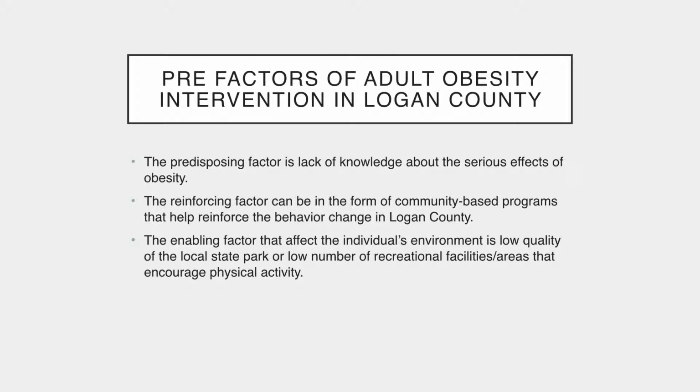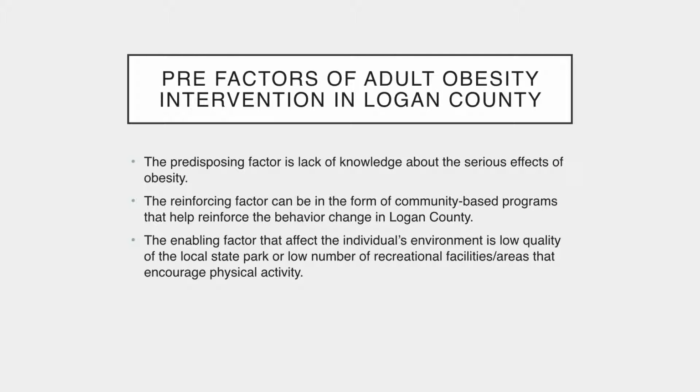In my intervention, the prefactors that affect adult obesity in Logan County are as follows. The predisposing factor is lack of knowledge about the serious effects of obesity. The reinforcing factor can be in the form of community-based programs that help reinforce the behavior change in Logan County. It helps by encouraging and motivating individuals in Logan County to work out and pay attention to their physical health, which can lead to lower weight and reducing adult obesity in Logan County.